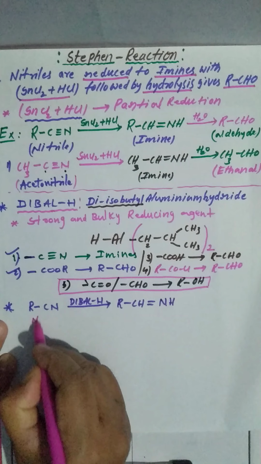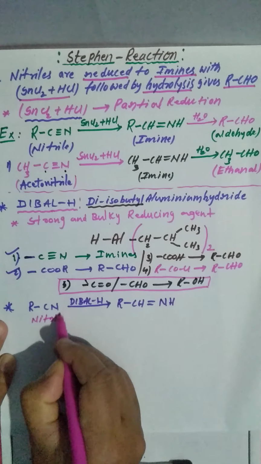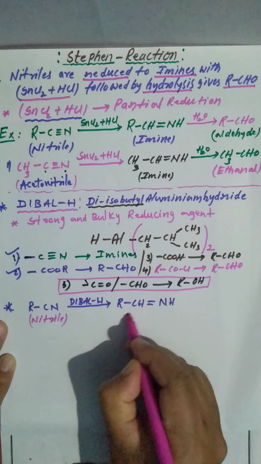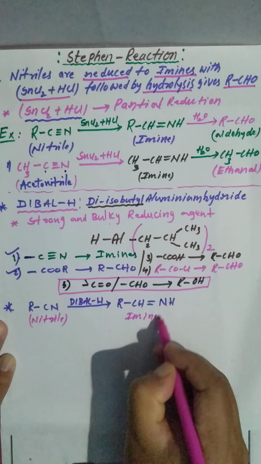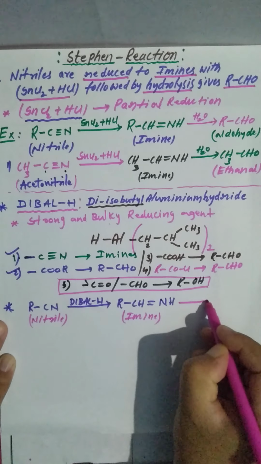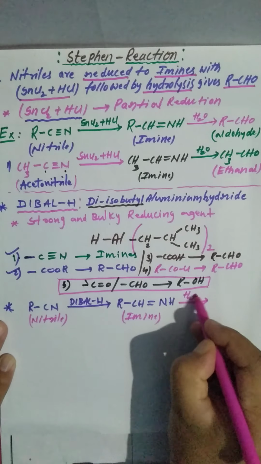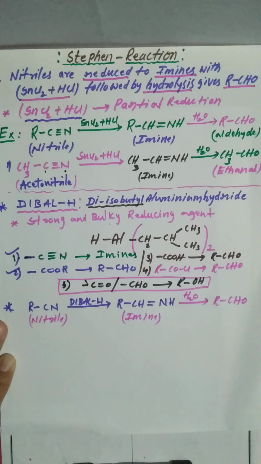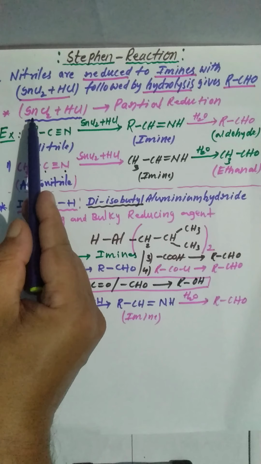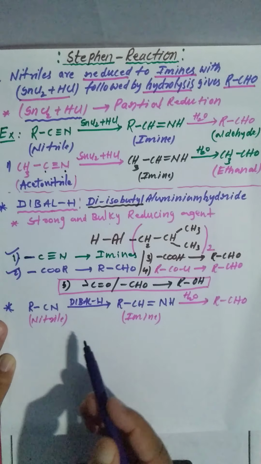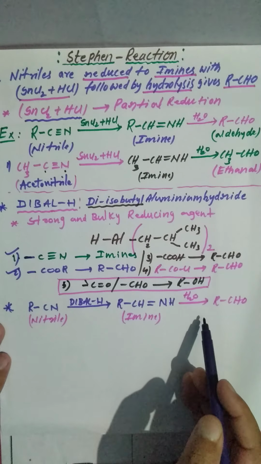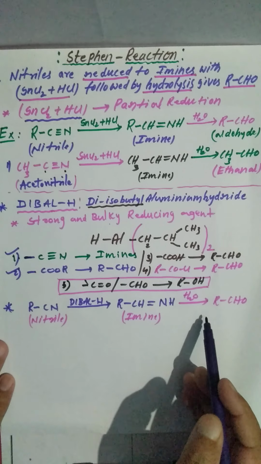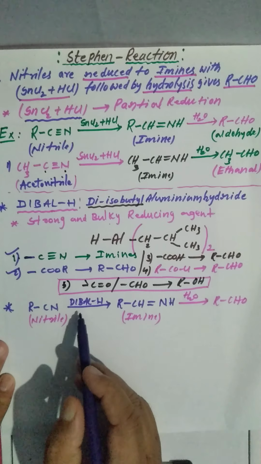So this is nitrile and this is imine. This imine on further hydrolysis gives aldehyde. As we did in the presence of stannous chloride HCl, the same it will perform with DIBAL-H.